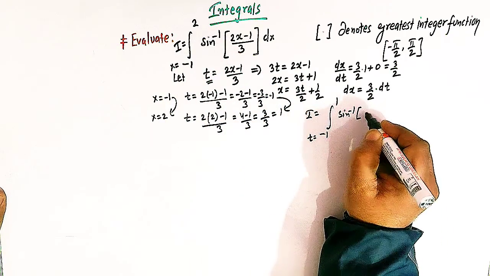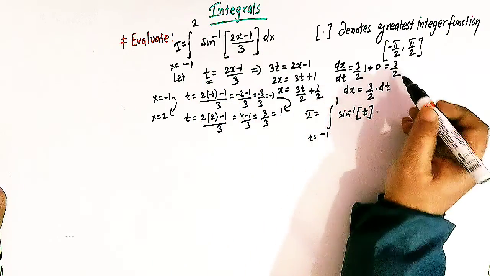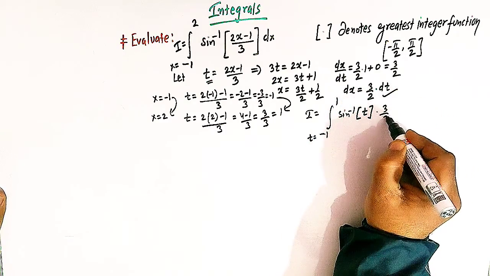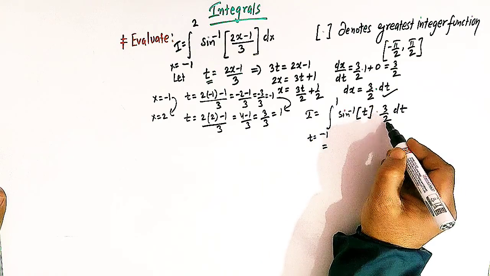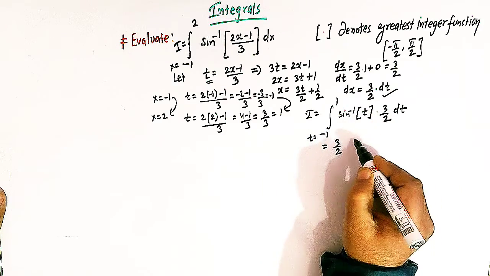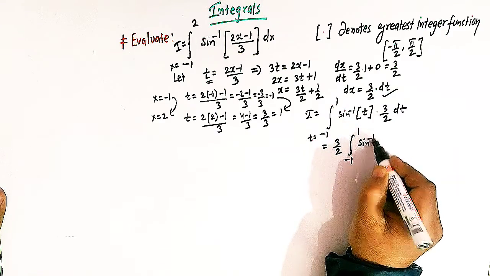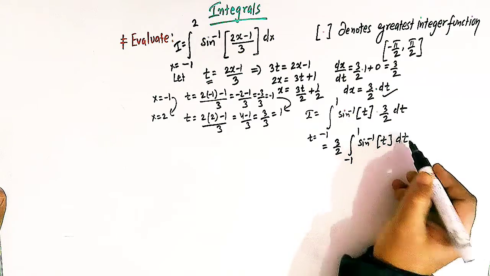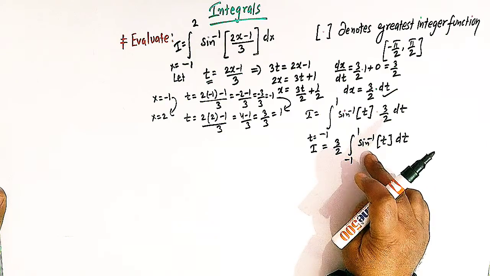So here we have greatest integer of t, and for dx we can write 3/2 dt. Now we can take 3/2 outside the integral, and we have the integral from -1 to 1 of sine inverse of greatest integer of t. Okay, so now we have to evaluate this integral.